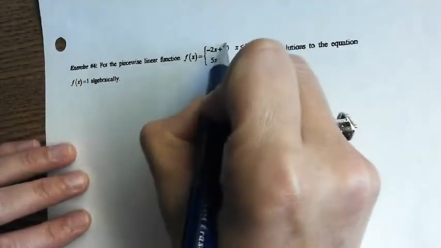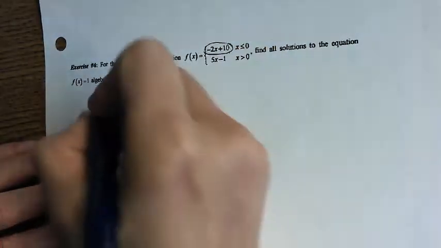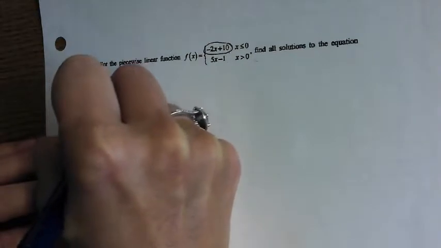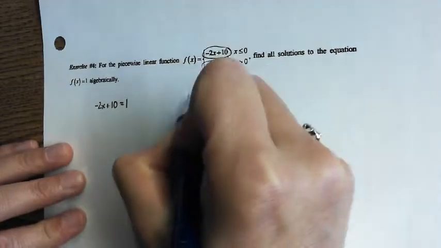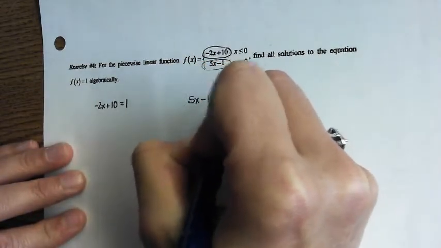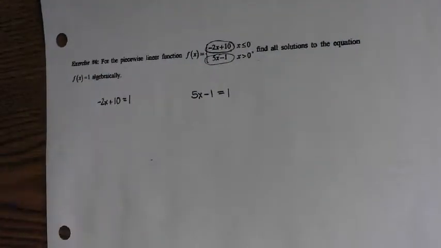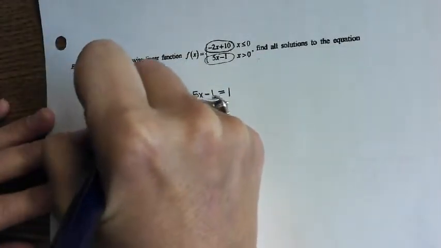So the function, which one piece of it is -2x + 10, has to get set equal to 1. And then the other piece of it also might equal 1 somewhere. So when we solve those, we subtract 10 from both sides.